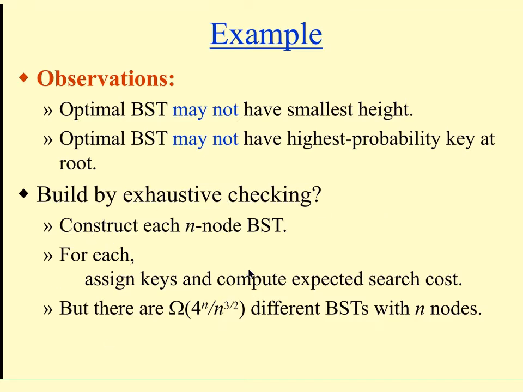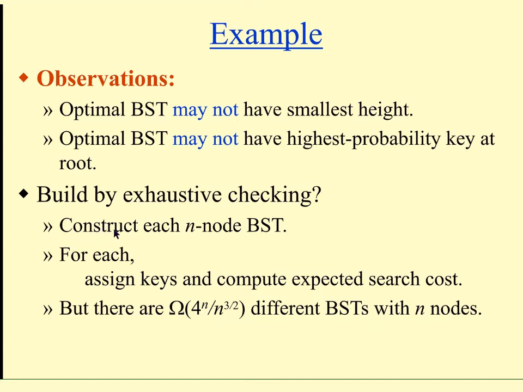If we use exhaustive search, it is like searching all the possible BSTs and then finding the best one. So we need to calculate all of them. Construct each n-node BST, that means this binary search tree has n nodes.